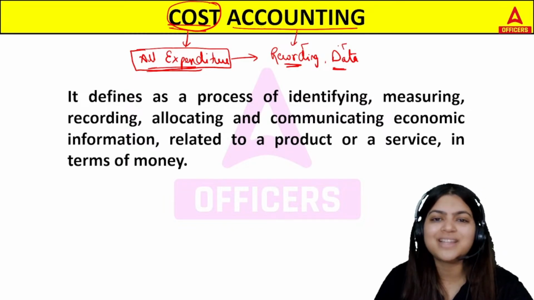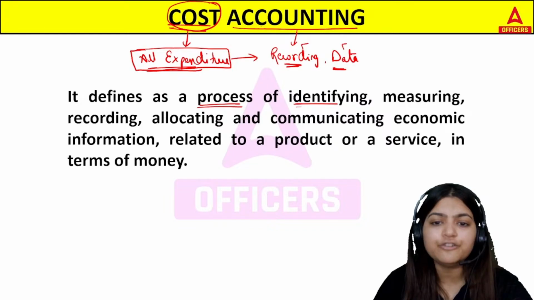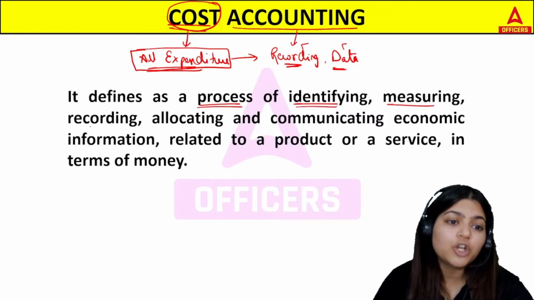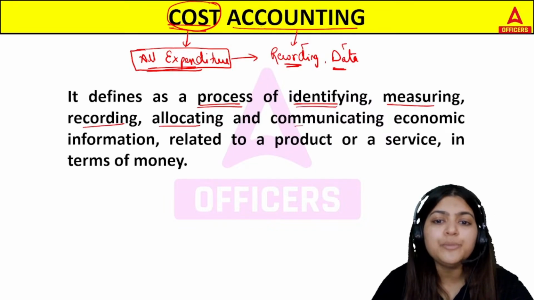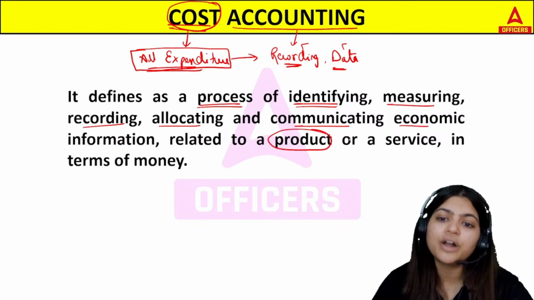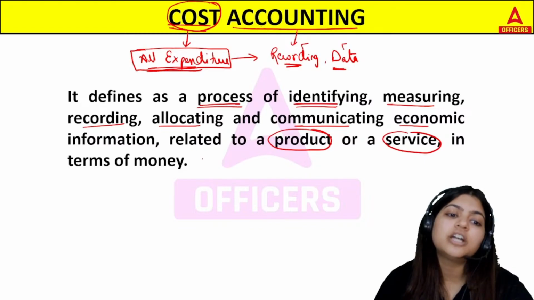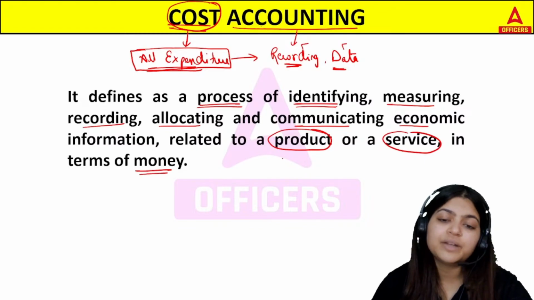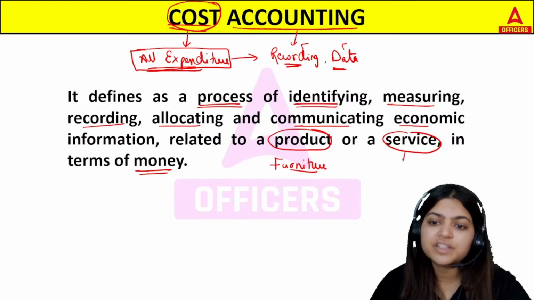Now, it is defined as a process of identifying, measuring, recording, allocating, and communicating economic information related to a product or services in terms of money. For a product, think of furniture. For services, think of your banking services.